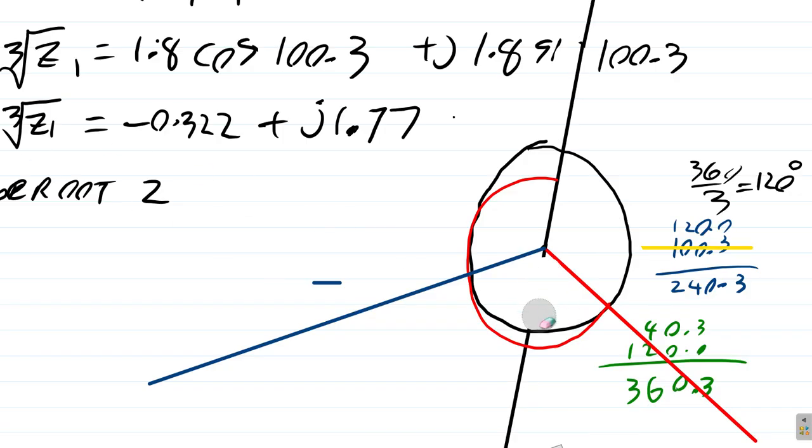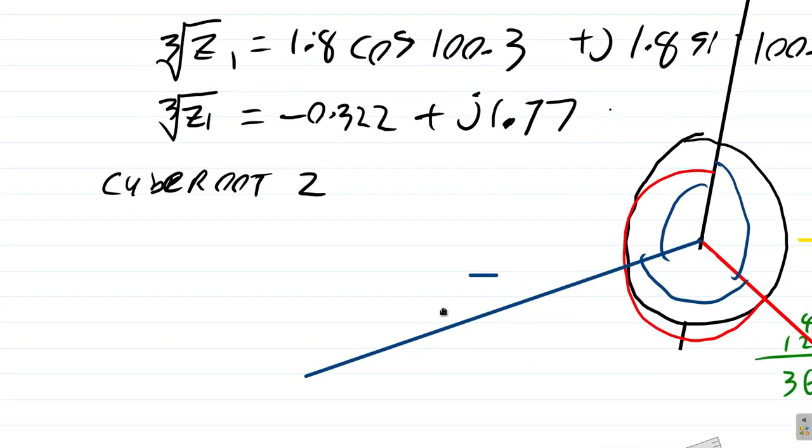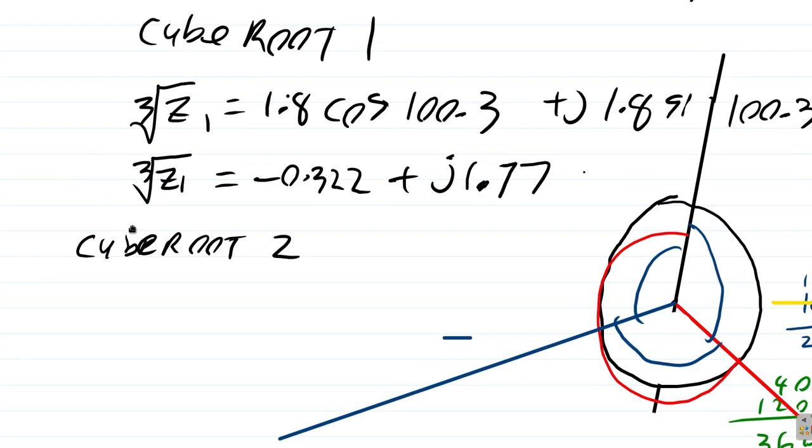This was there just to mark the spot. So these would be the three angles for the complex numbers, the roots.